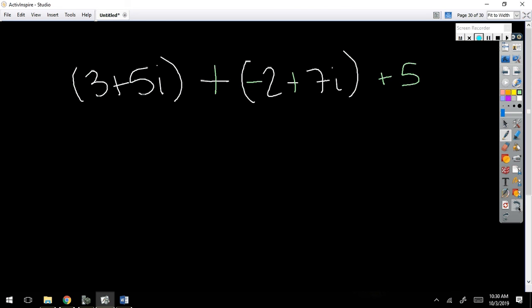What you're really doing is like saying there's a negative 1 out here that's distributing through to everything. So now I just gather my like terms together. 3 and negative 2 is 1, 5i and 7i is 12i. Am I going too fast through this? Does it get harder? Yes.